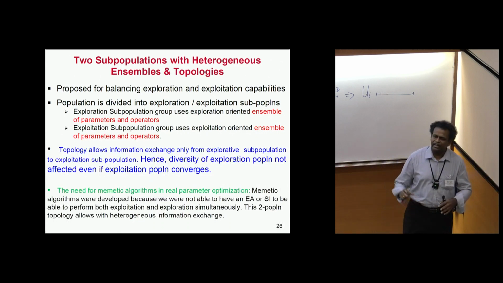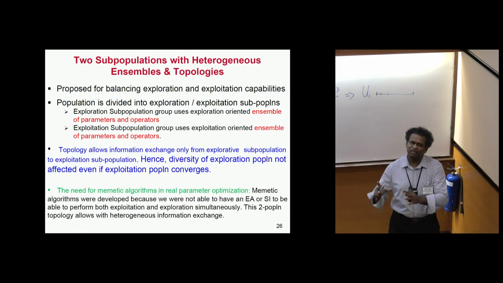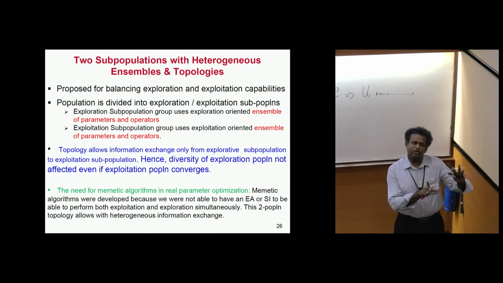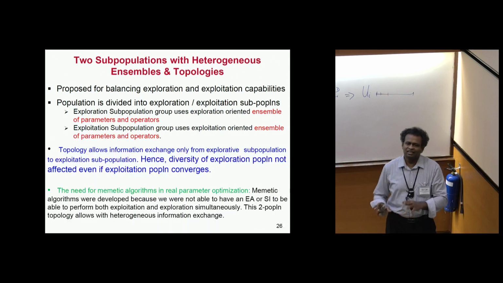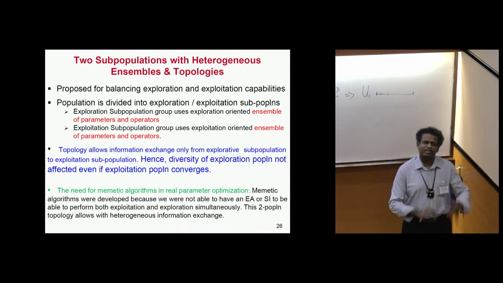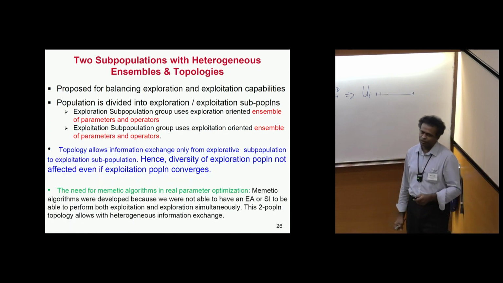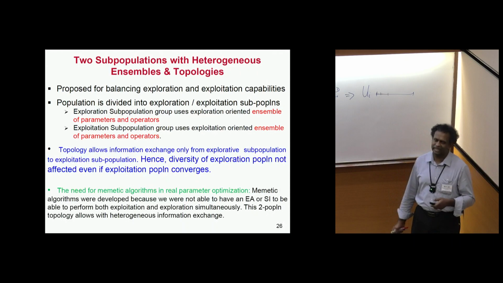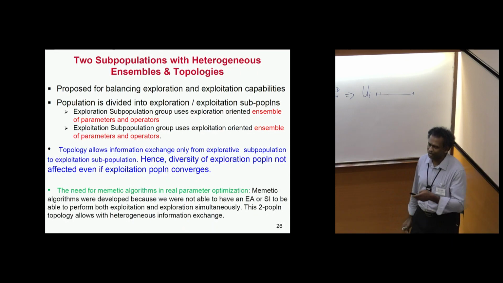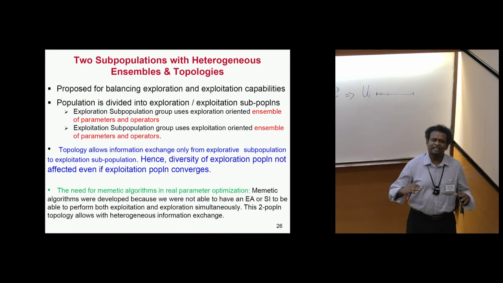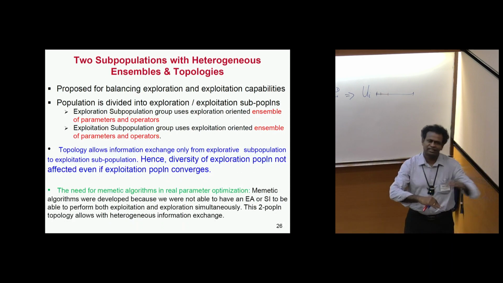On the other hand, if the exploitation group converges, the exploration group will not see that. So the premature convergence in the exploitation group will not affect the exploration group. So we did this heterogeneous population topology and demonstrated it performs better than a single population topology because of the heterogeneous information exchange. Information goes only one way, not the other way.